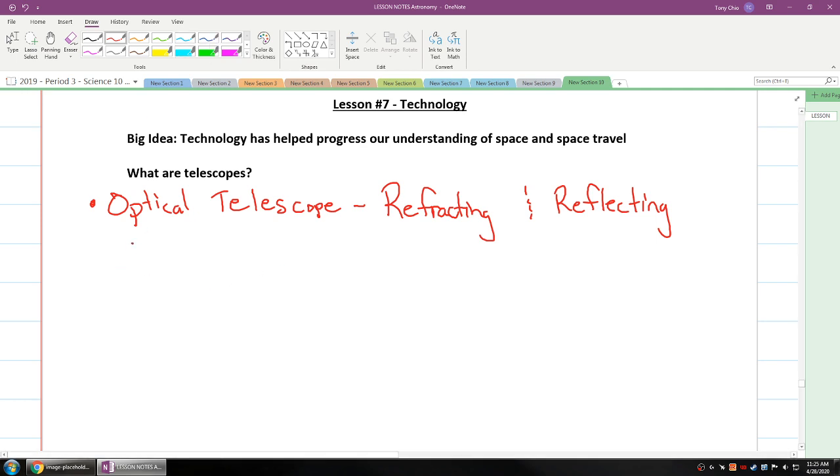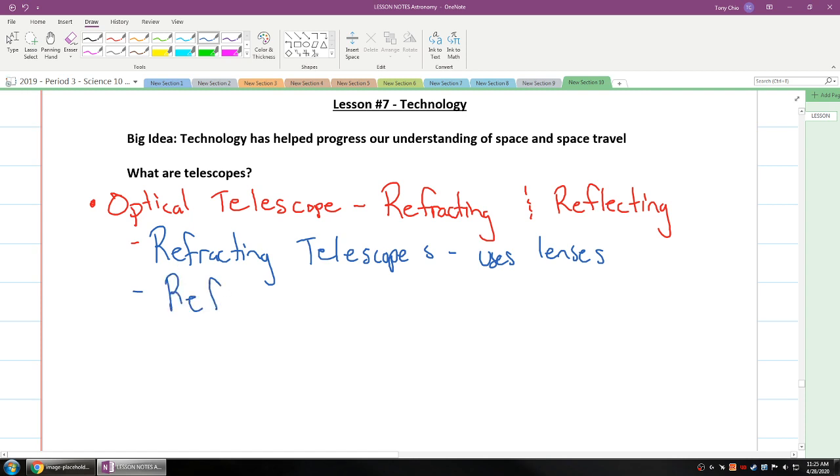When we talk about these two types of optical telescopes, we're talking about how they work. So refracting telescopes use lenses to bend light into your eye, while reflecting telescopes use mirrors.